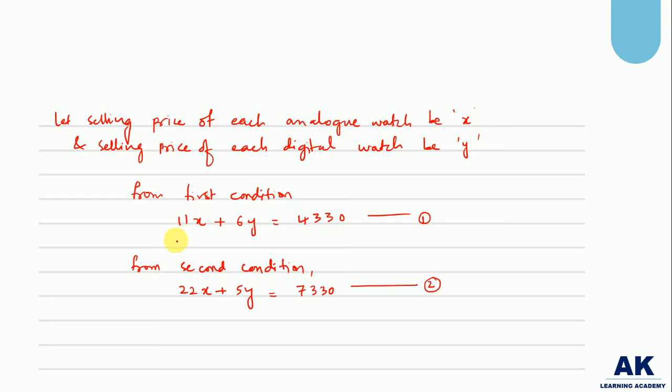If I multiply equation 1 by 2, then 11 into 2 is 22x, and 6y into 2 is 12y, and 4330 into 2 becomes 8660. So 22x and 22x, if I subtract these two equations, I am left with only the y variable. So 22 and 22 get cancelled.